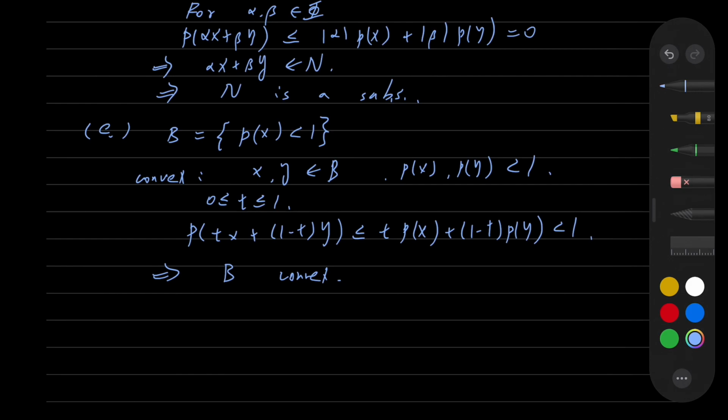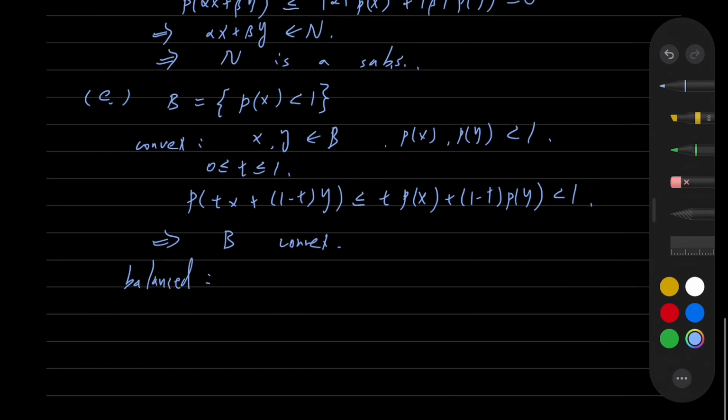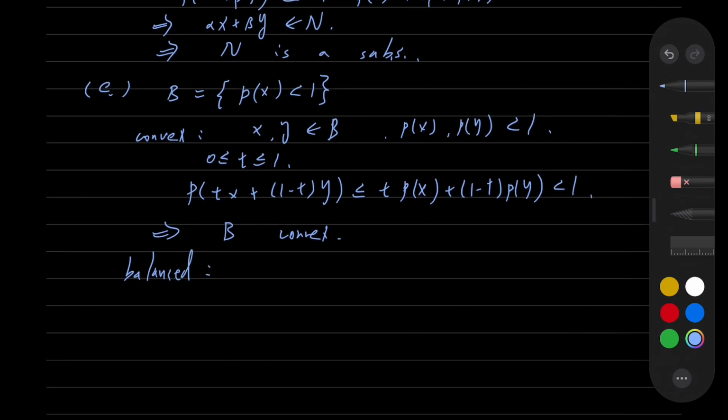Next, we want to prove that it is balanced. And this is also obvious by the scalar rule. So take x in B and a scalar alpha with absolute value at most 1. We just calculate the seminorm of alpha x.